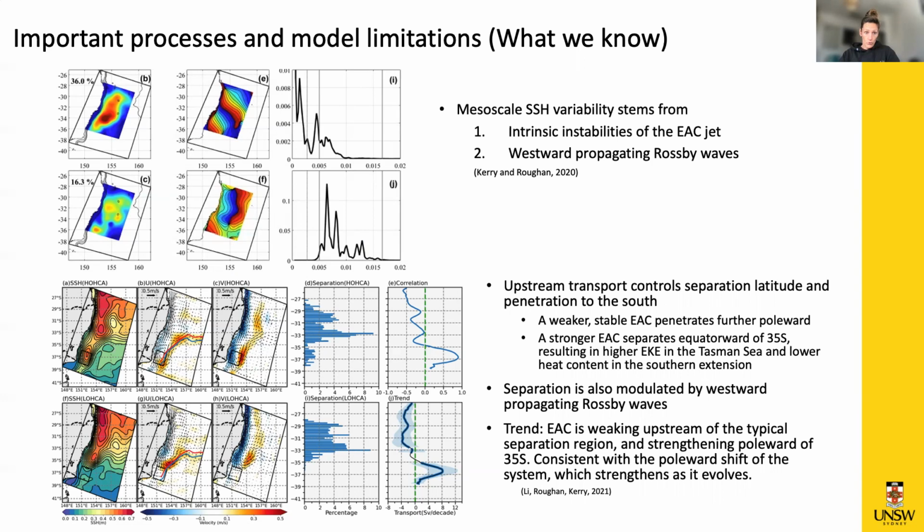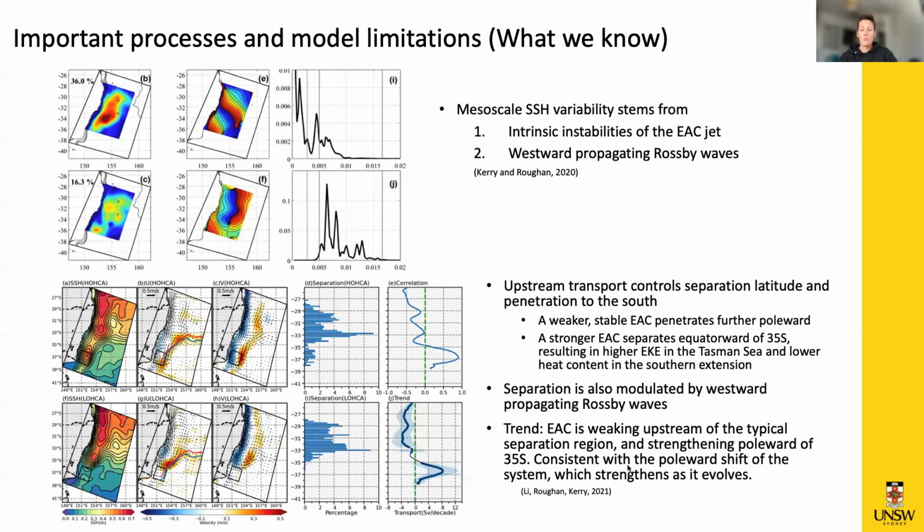We've also shown using composite analysis that upstream transport controls separation latitude and penetration of the EAC to the south, with a weaker, more stable EAC penetrating further poleward, resulting in higher heat content in the EAC southern extension region, whereas a stronger EAC separates further north, resulting in higher EKE in the Tasman Sea and a lower heat content in the southern extension region.